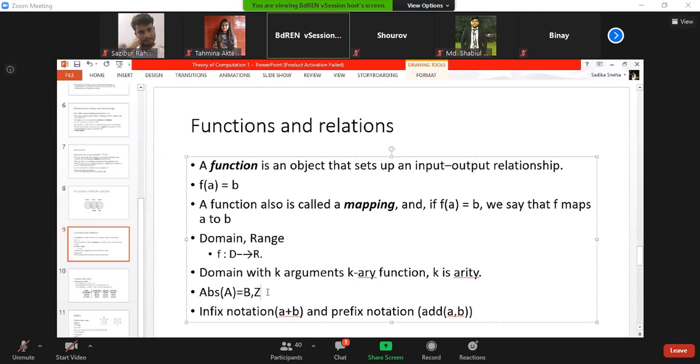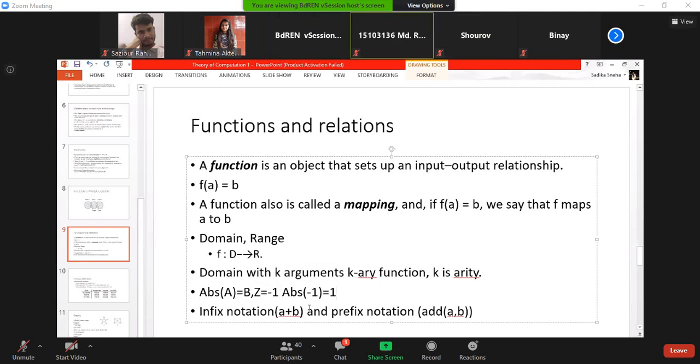If z is equal to -1, by z I mean it is representing all the real numbers. Now if I write absolute value of -1, what will be the output? It will be 1.